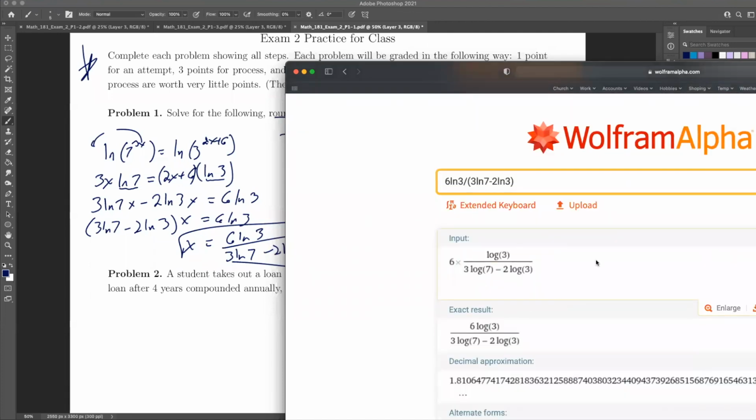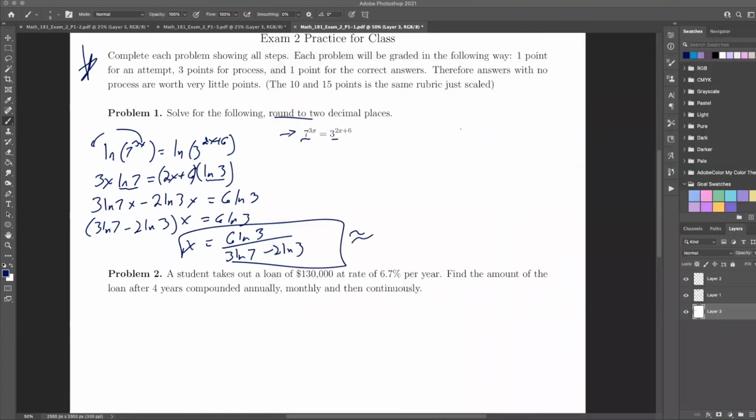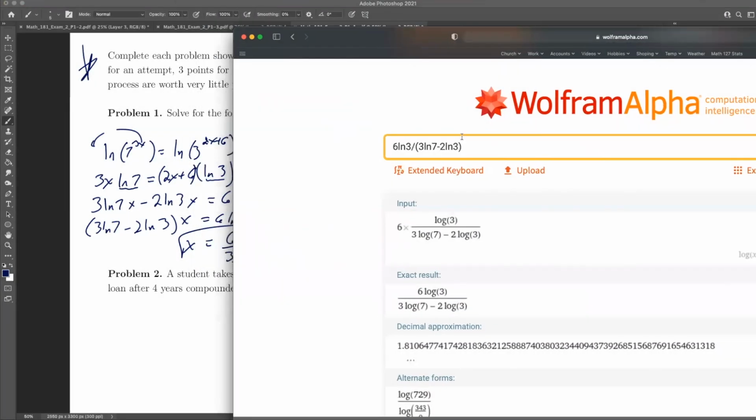That's fine. And so the decimal approximation is about 1.81. Okay, 1.81. And to be honest, you can check yourself, and I would suggest checking yourself.